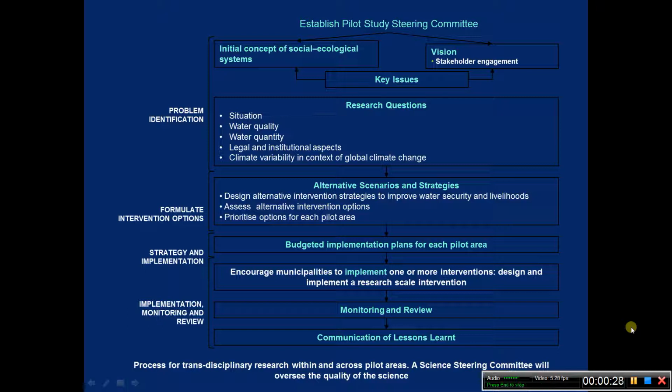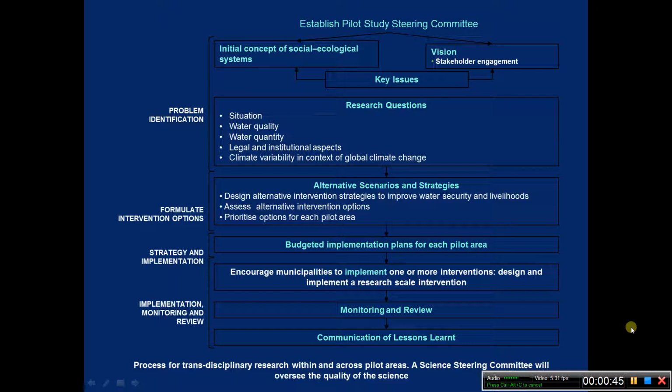In this presentation, I'm going to speak more about the process that we'll be following in this research. There are many different processes that can be followed for transdisciplinary research, but we're going to look at the one that we'll be following in this research.